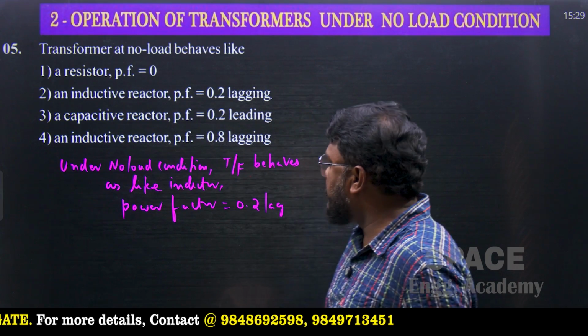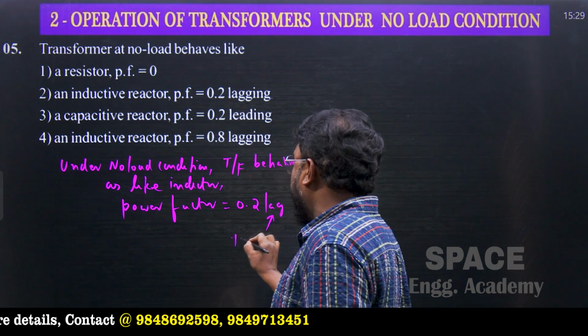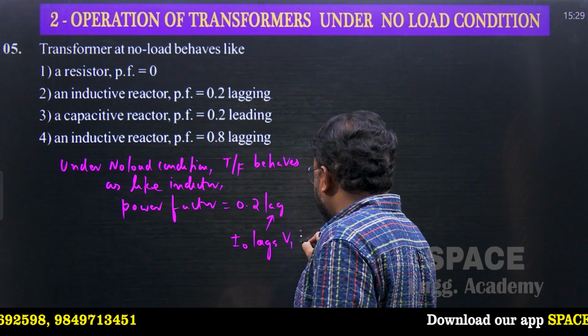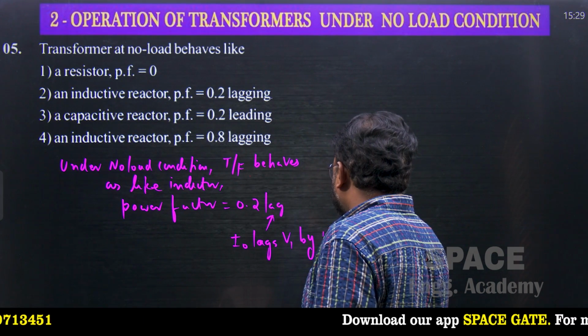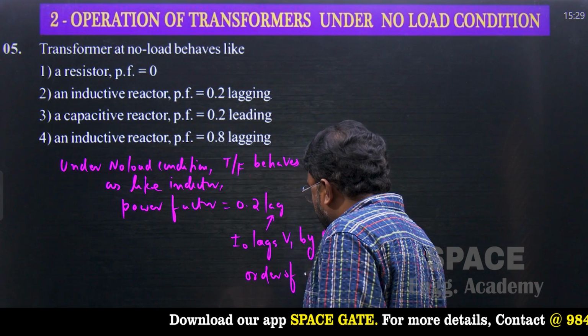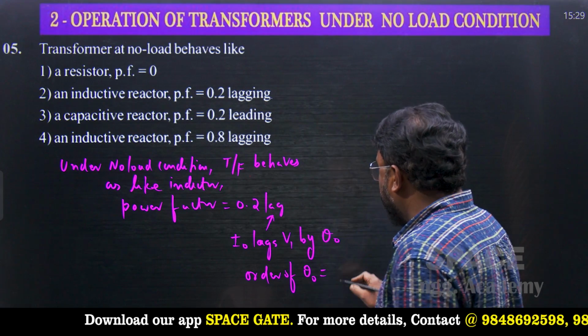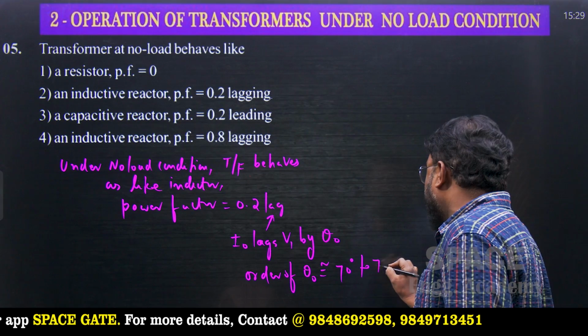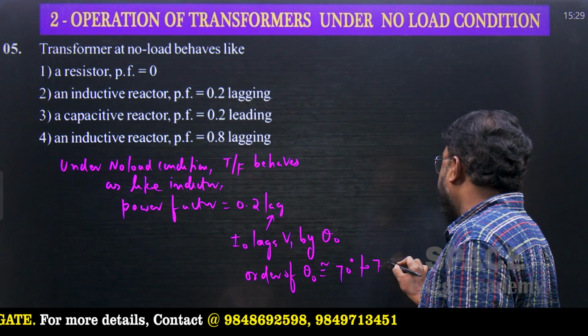Why is it lagging? The no load current I naught lags the applied voltage V1 by some angle theta naught. The order of theta naught in a transformer is nearly 70 degrees to 75 degrees.